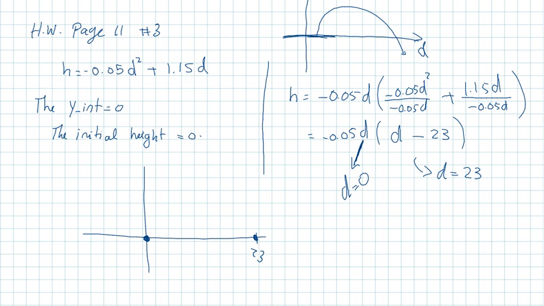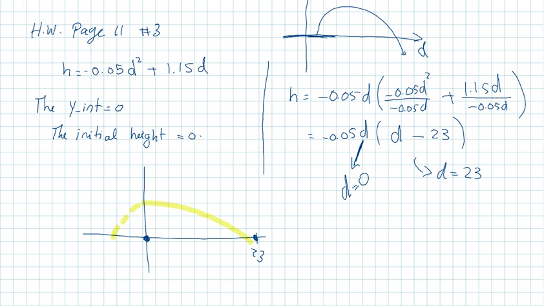Now the question is very clear. The question is asking, what is the distance between Danny's takeoff and landing? What is the distance between his takeoff and his landing? 23 meters. Now, a question for all of you. Let's say Danny did not take off from the ground. Let's say Danny took off right here. So you're going to have something that would look like this and then this.